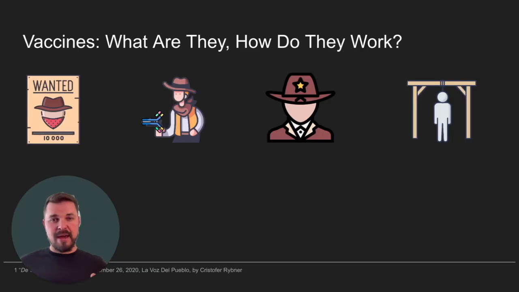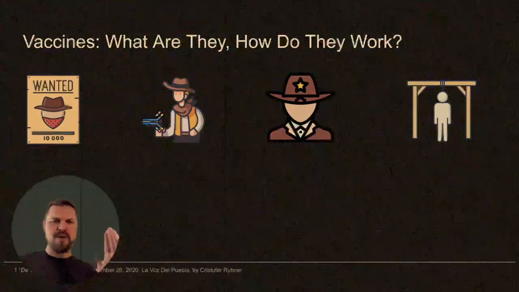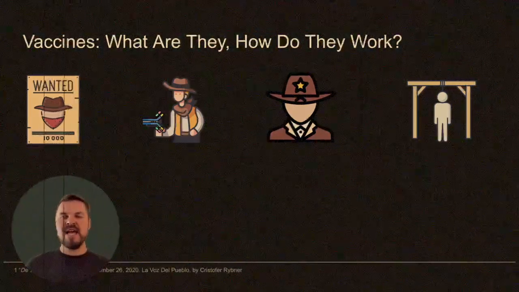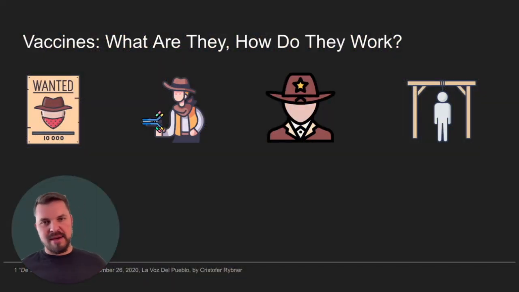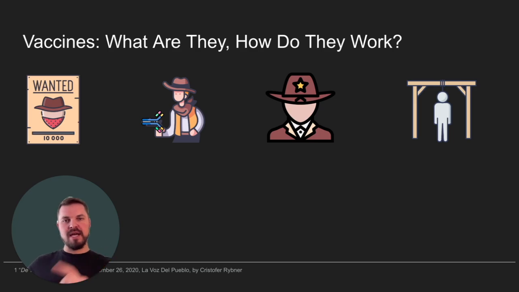If you think back to your childhood Far West cowboy movies, there was always the bad guy that was wanted and looked for by the authorities, and what they would do is put a sign around all towns in the Far West with a picture of the face of the criminal, the bad guy, or even a drawing, so that people could recognize them.